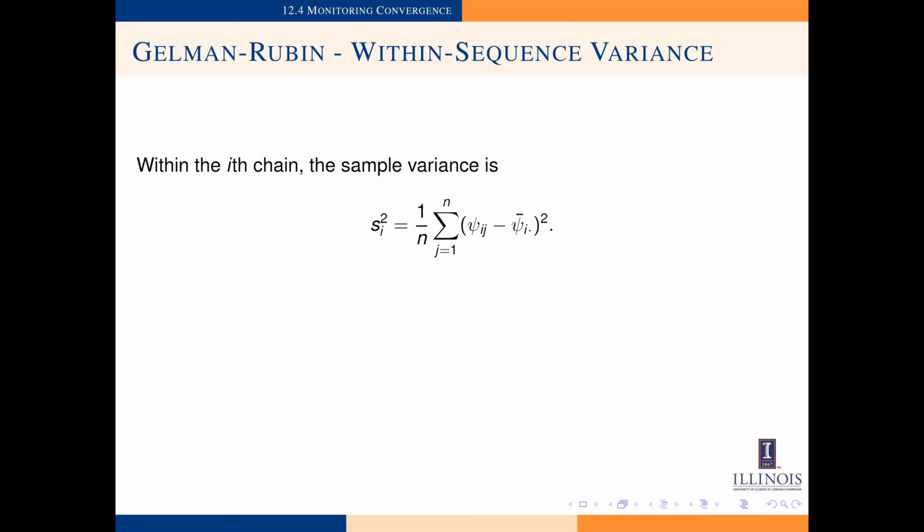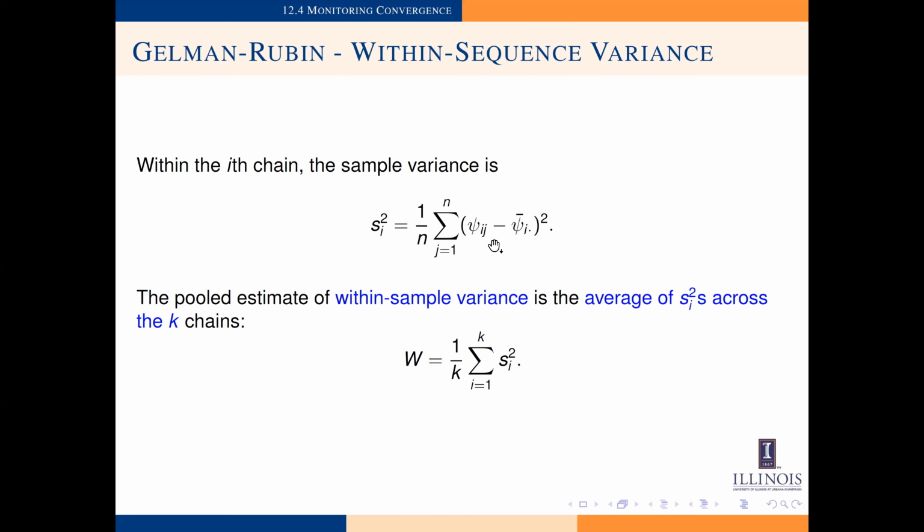And here's the within sequence variance. Within the ith chain, the sample variance Si squared is given by this familiar formula over here. It is essentially the mean of the square deviation between each of the single psi ij's, j from 1 to n, and the average across all of these. We can get one of the Si squares for each of the chains.